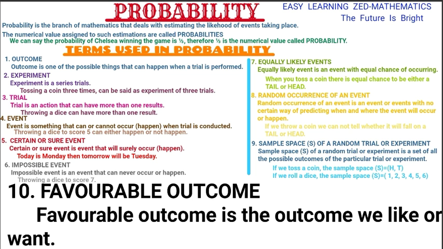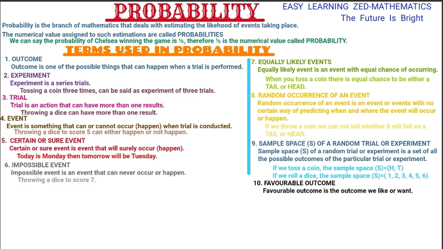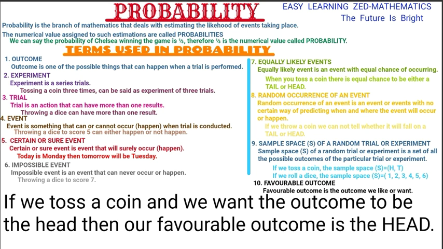So we can say if we toss a coin and we want the outcome to be the head, then our favorable outcome is the head. This one is simple and straightforward.